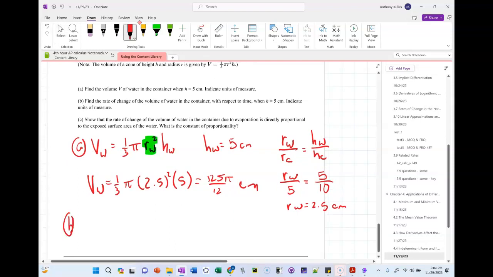Part B says, find the rate of change of the volume of the water in the container with respect to time when the height is 5 centimeters. Indicate unit of measure. Well, again, I know this is my equation for that, right?